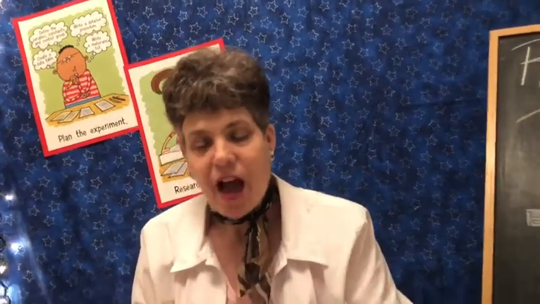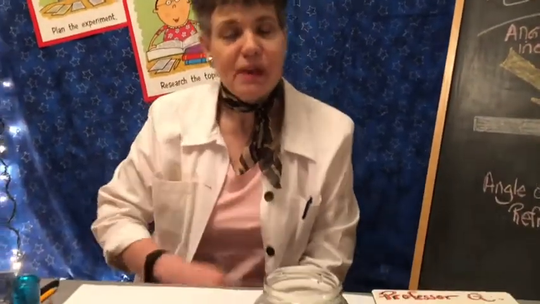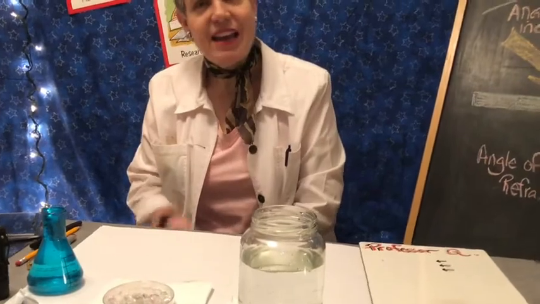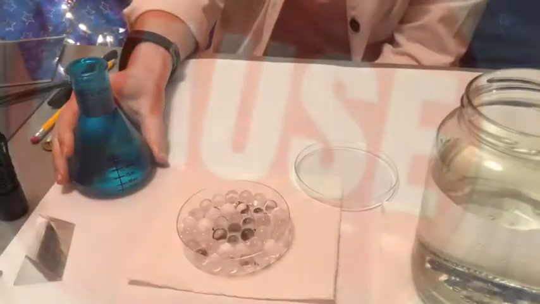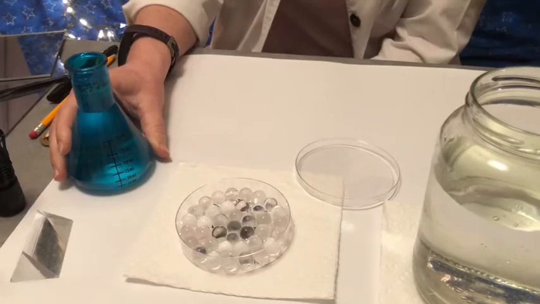Well, now I have another prediction for you to make. What do you think would happen if I were to pour some water into the Petri dish? Go ahead and write that down in your STEM journal. Okay, I'm glad to hear of the different inferences you're having regarding what would happen when water is poured into this Petri dish.